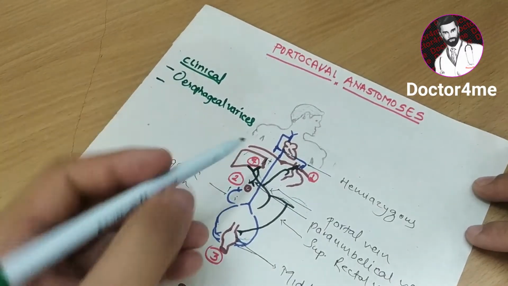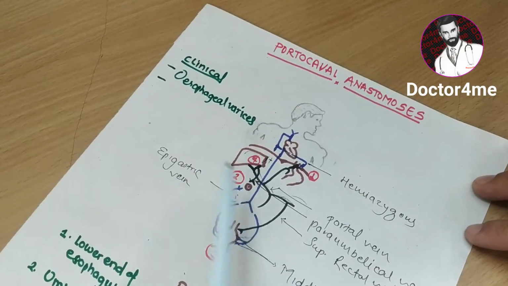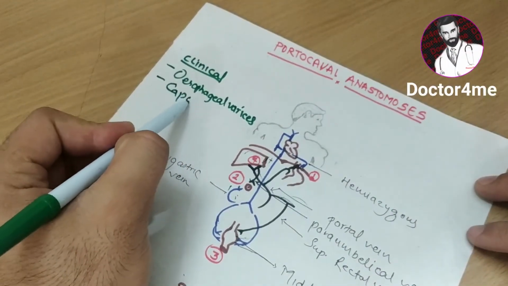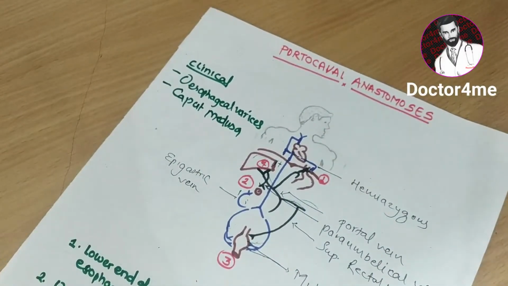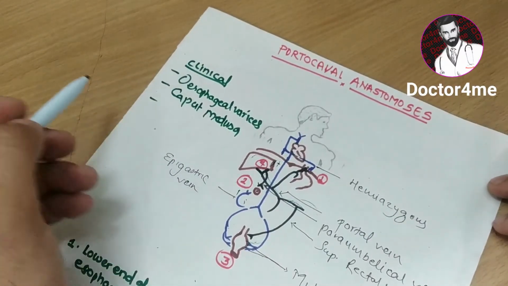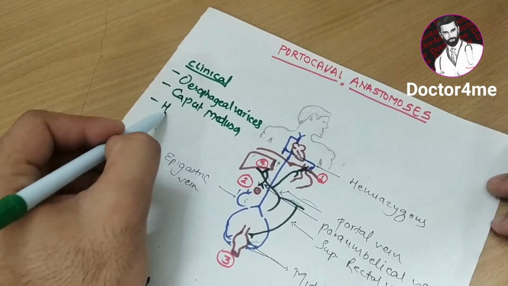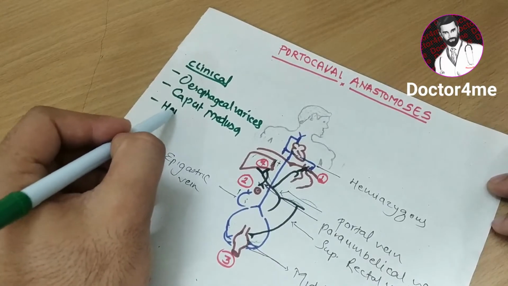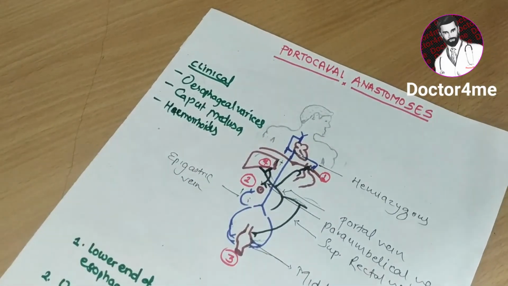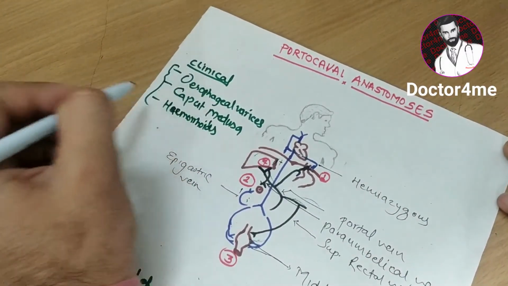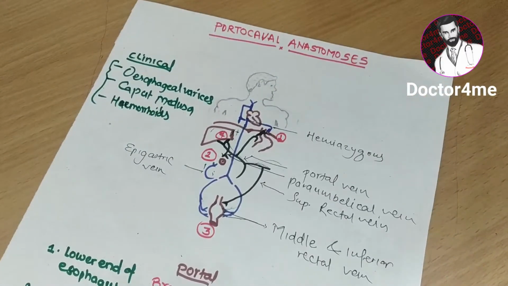In the umbilicus, it will cause caput medusae around the umbilicus, which is of diagnostic value. And in the anal canal, it will cause hemorrhoids, which cause bleeding from the rectum. These are the clinical perspectives of portocaval anastomosis.